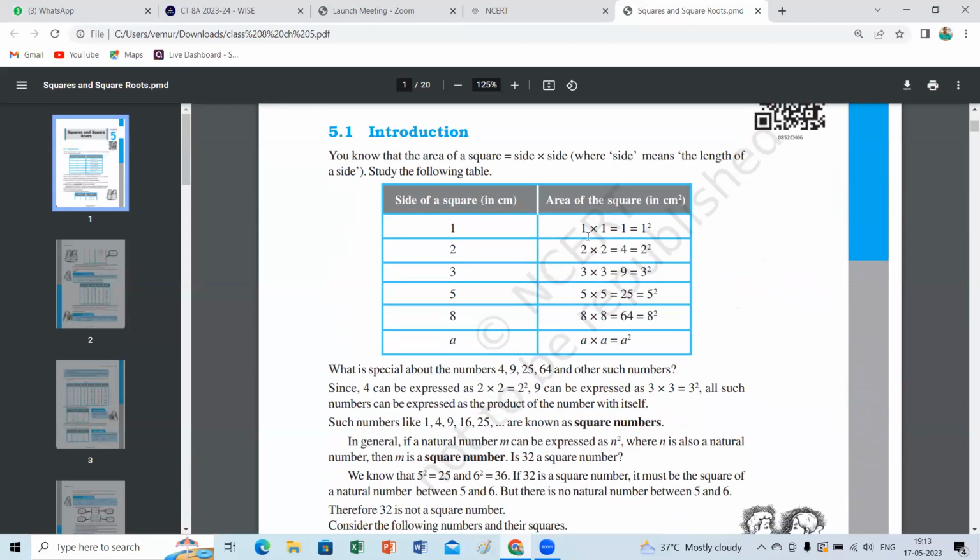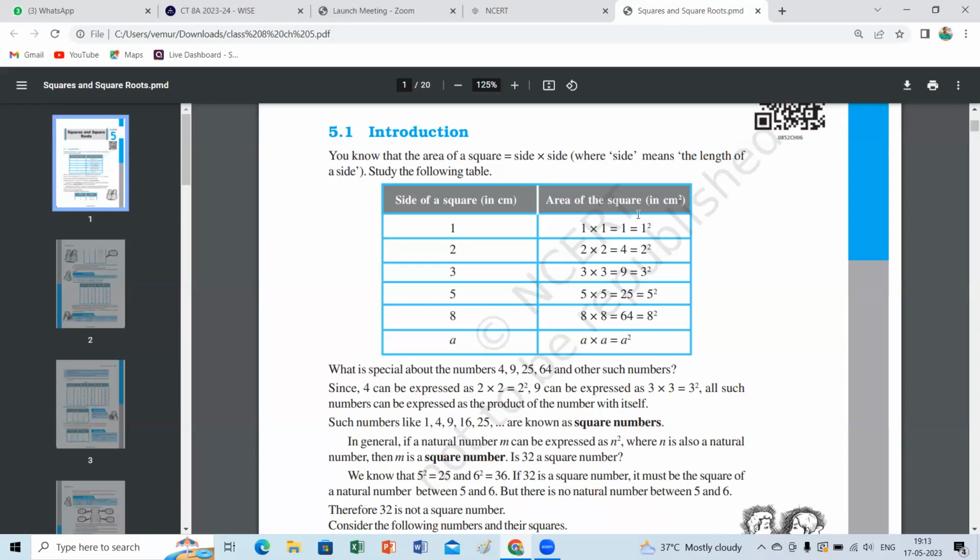If you see the square numbers, children, what are the units digits, from 1 to 10? Can you tell any of your square numbers? Ma'am, 1, 4, 9, 6, 5, 0.